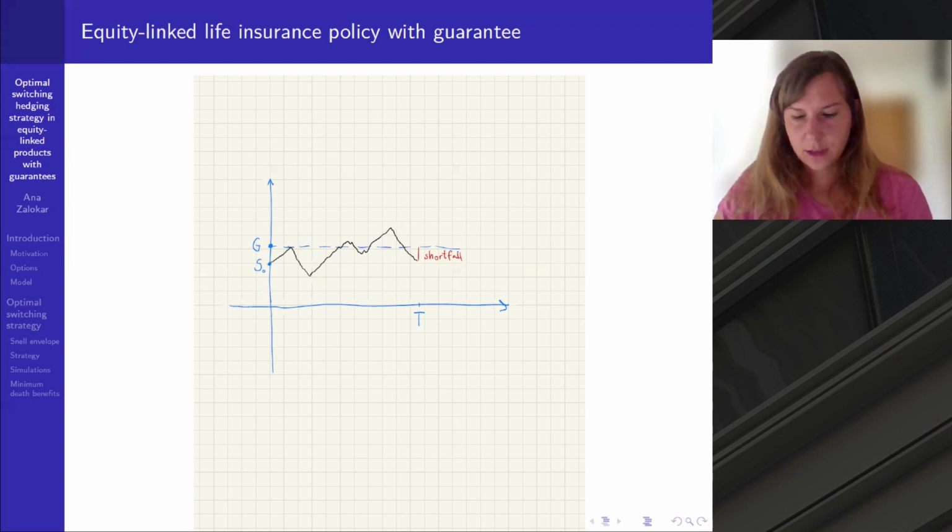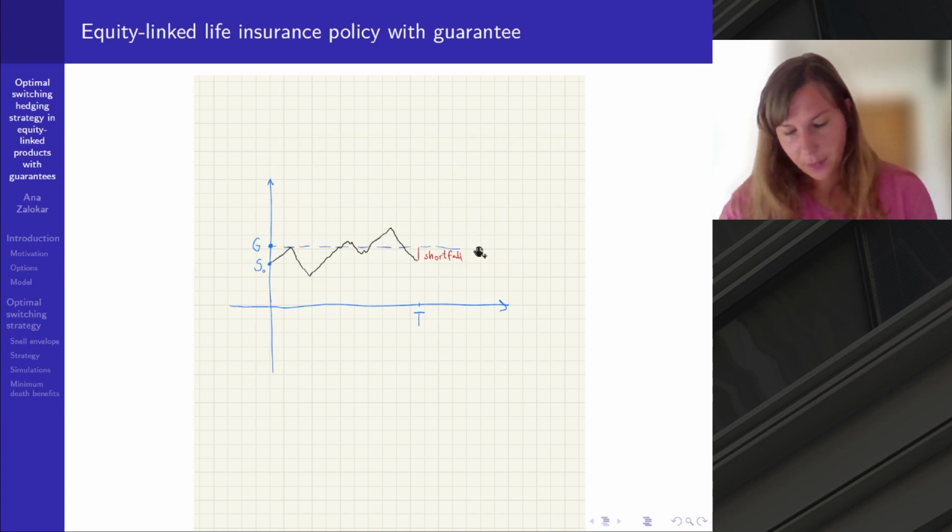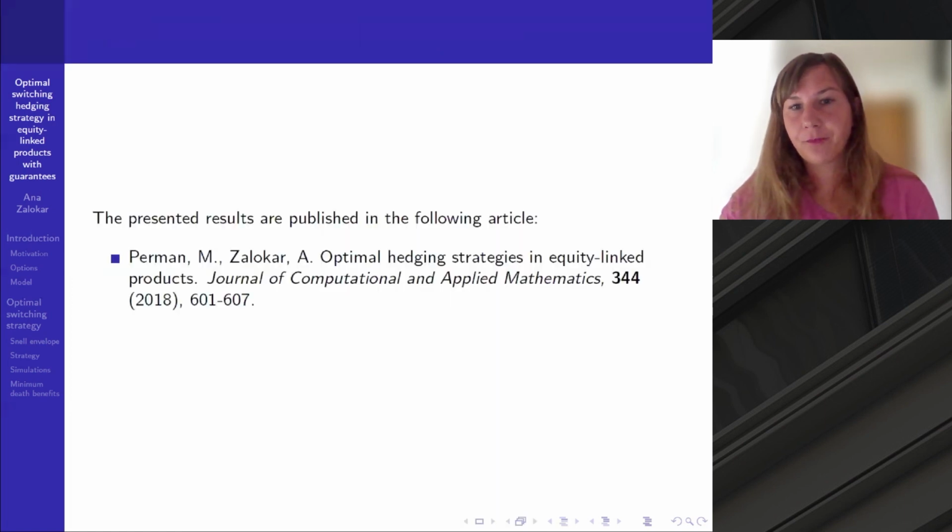And of course, the stock price through time changes its value, and it is possible that at the expiration time T, the stock price is lower than the guaranteed value of the policy, which is G denoted here. So of course, in this case, the insurance company suffers a shortfall. And for these kind of cases, the insurance company would like to hedge the risk.